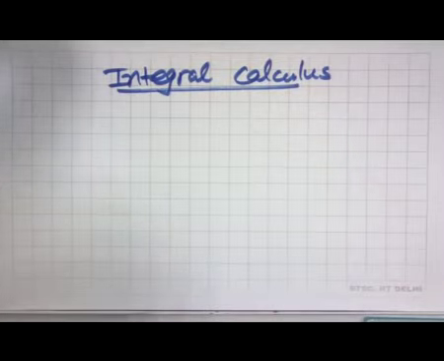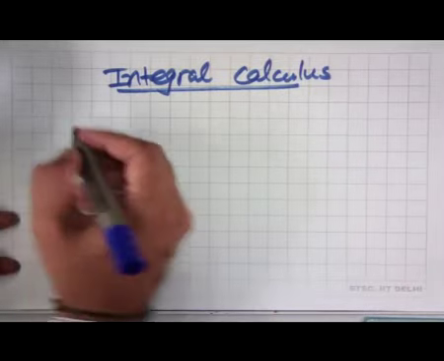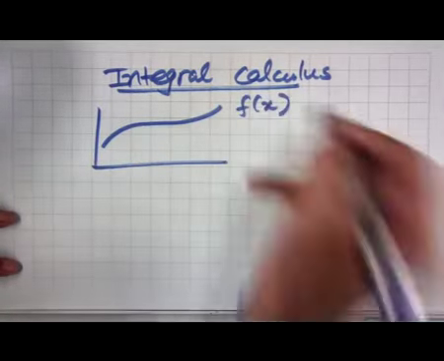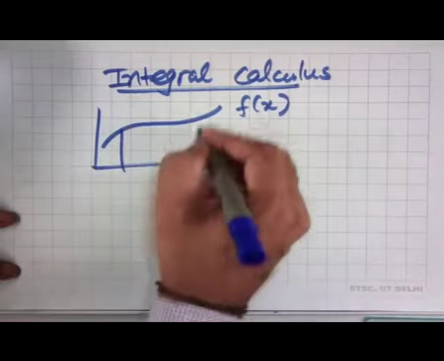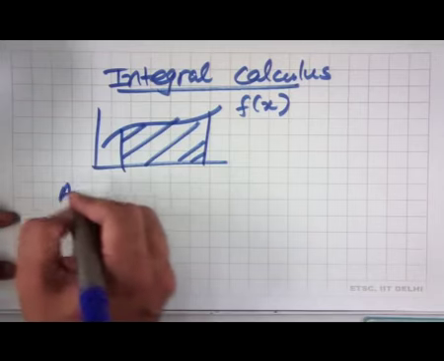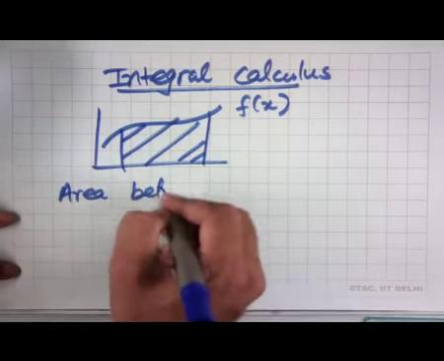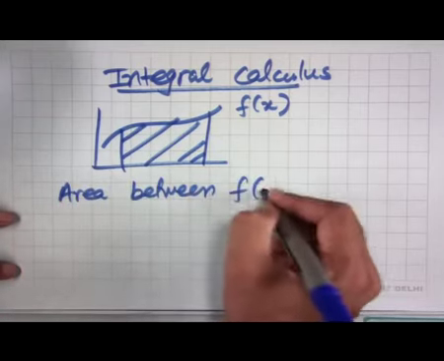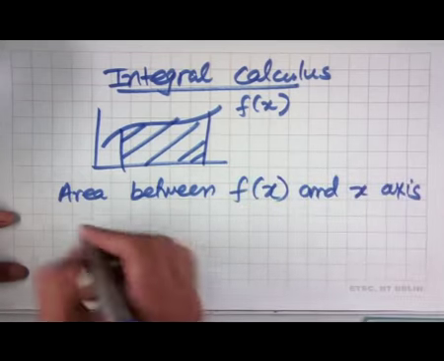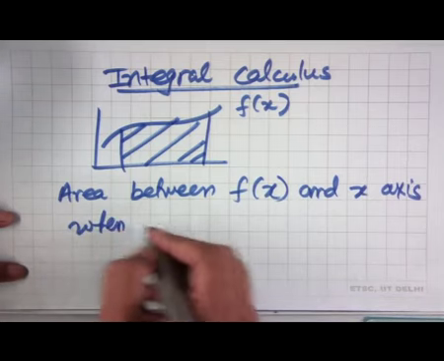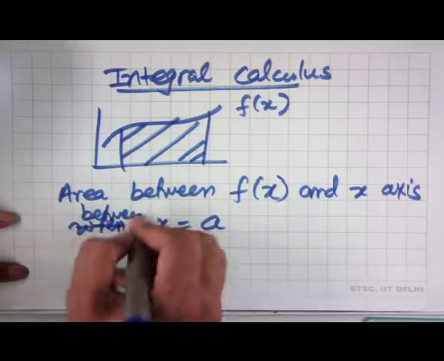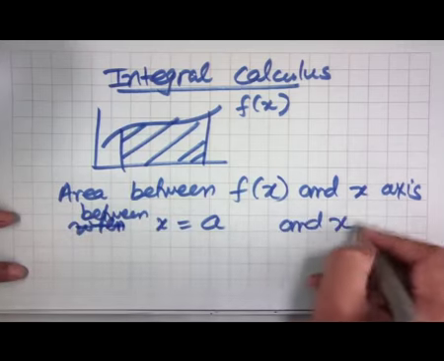Here, if we have a function f of x, what we want to find is the area between f of x and the x axis, between x is equal to a and x is equal to b.